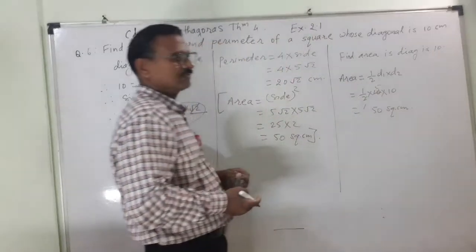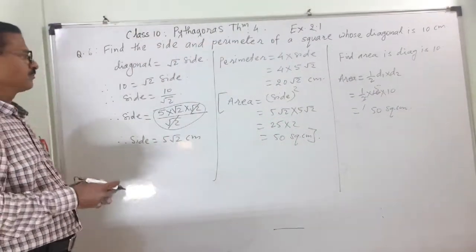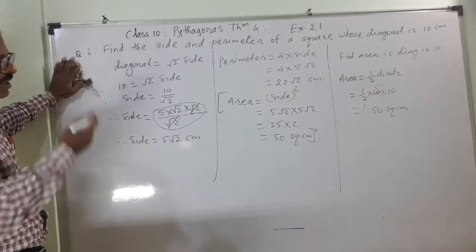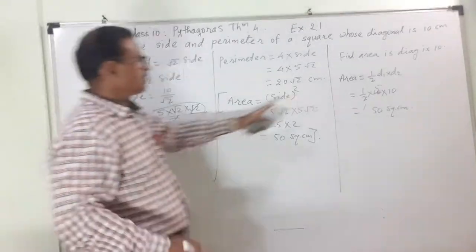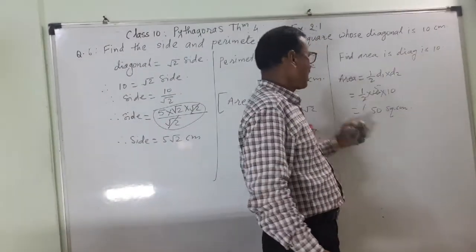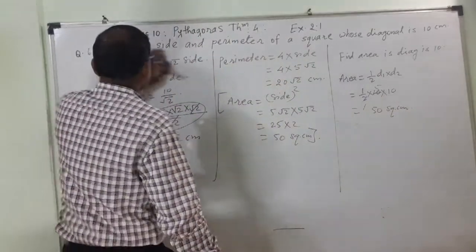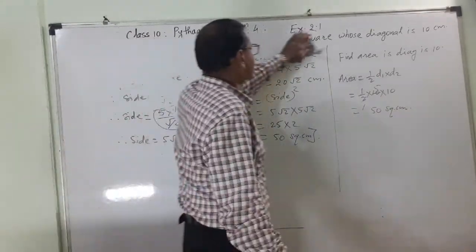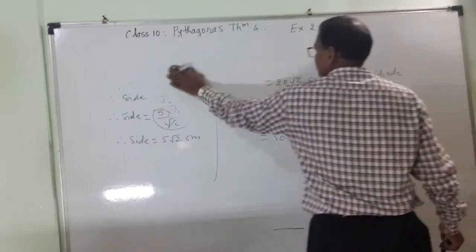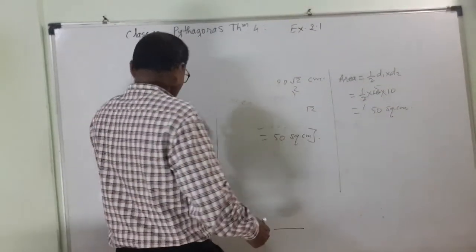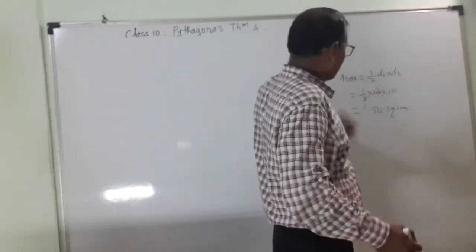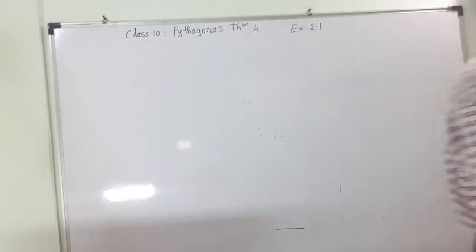This is the area. So hope that you have understood this. This much part, if it is asked, it is for 1 mark. So we'll move to the next question.